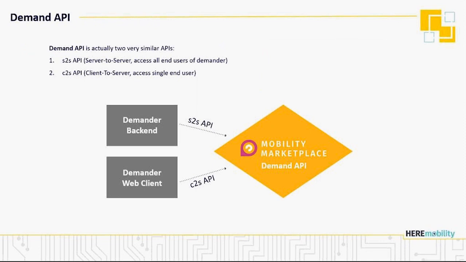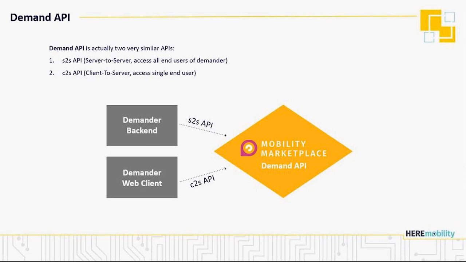Okay, so when I was talking about the REST URL, you might have noticed there was something about C2S inside that URL. The thing is that usually you give access to a single user to get offers or book a ride.